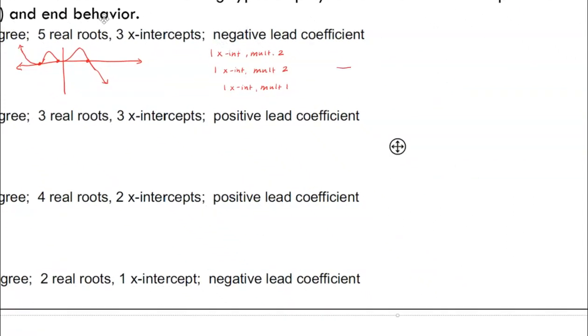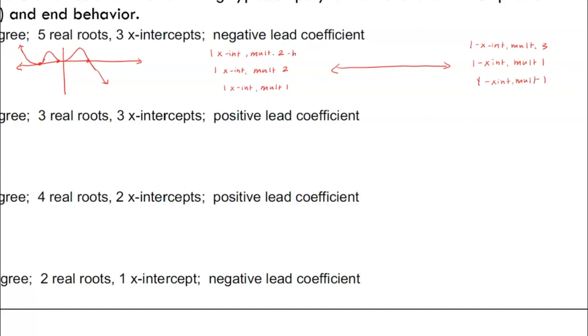Or, okay, you can have 1 x-intercept with a multiplicity of 3 and 1 x-intercept with a multiplicity of 1 and 1 x-intercept with a multiplicity of 1.